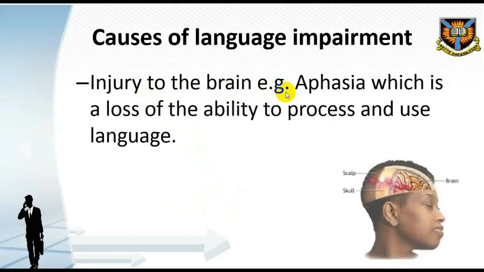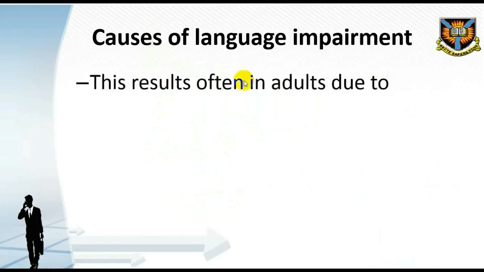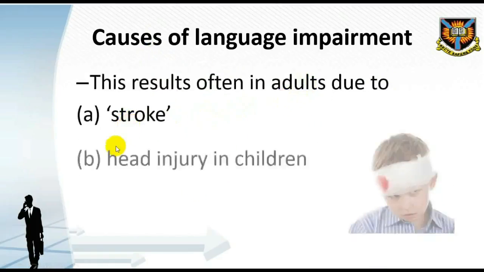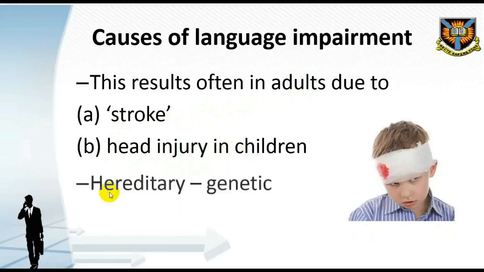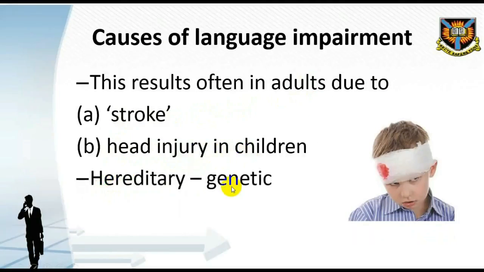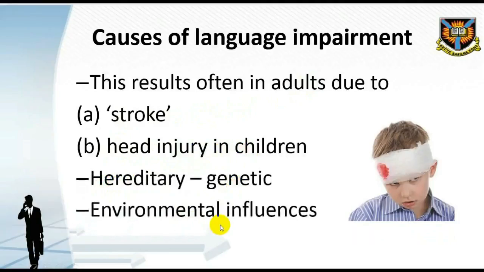For example, aphasia, which is a loss of the ability to process and use language. The result often in adults is due to A. Stroke, B. Head injury in children. 3. Hereditary, or you say genetic. 4. Environmental influences.